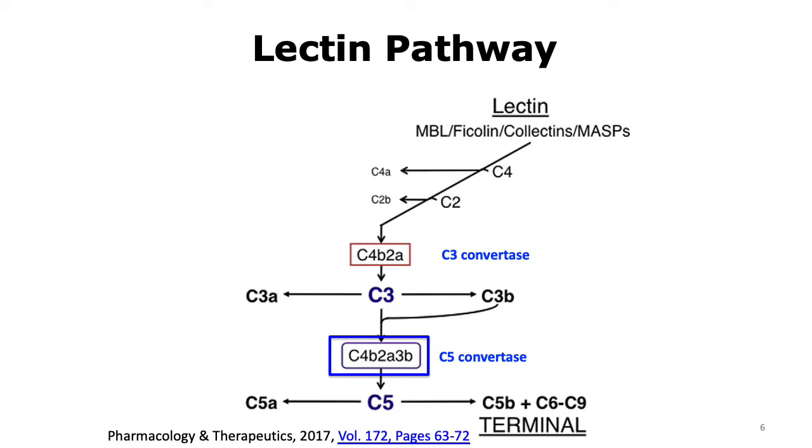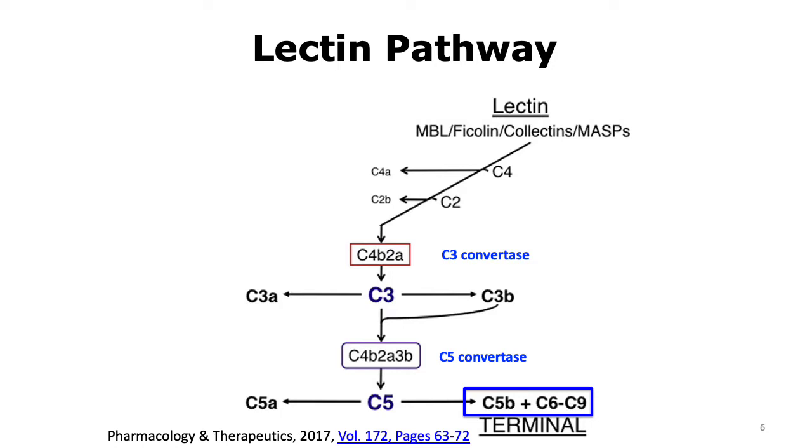The C5 convertase is then able to bind to the complement protein C5 and cleave it. One of the cleavage products of C5 is able to initiate the terminal part of the lectin pathway.